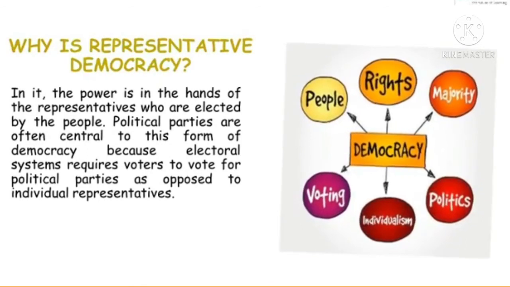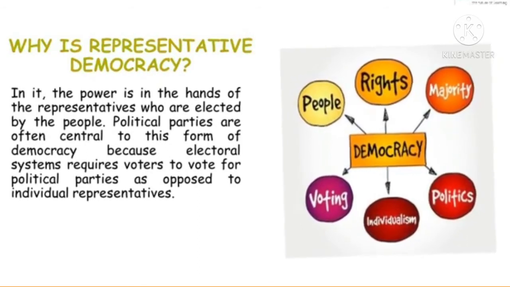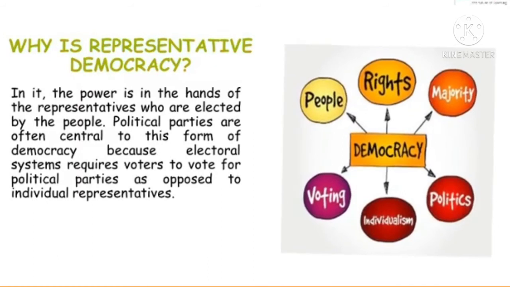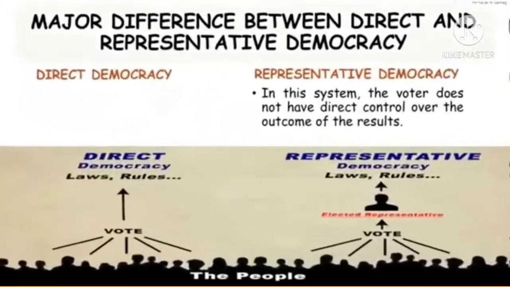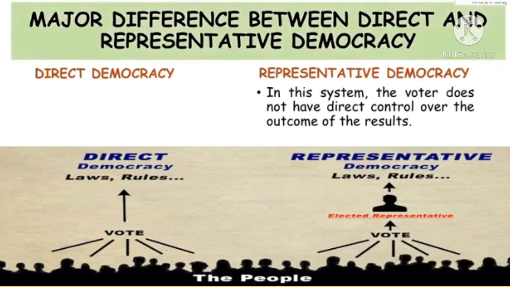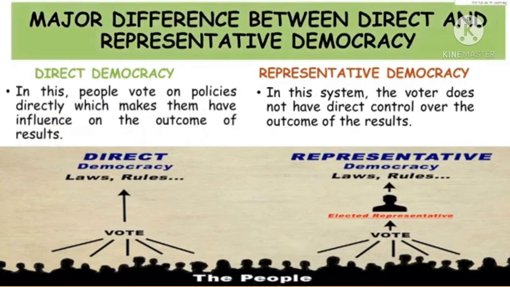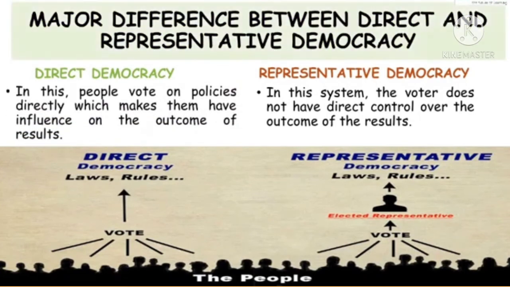In other words, what we are trying to say is that in representative democracy, it is the people that elect the decision makers. Politicians are elected to go and make decisions for their people. The major difference between direct democracy and representative democracy, and we are more concerned with representative democracy because that's what we are practicing in recent times, is this: in direct democracy, people vote on policies directly, which gives them influence on the outcome.